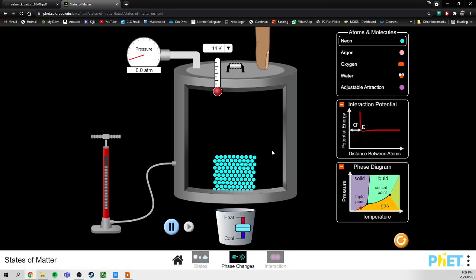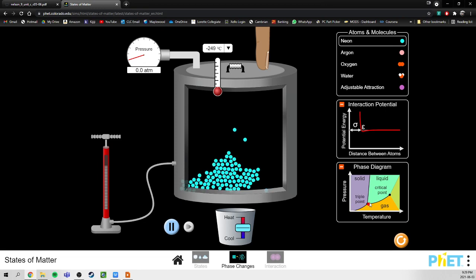So if this was neon, for example, neon is a solid, and this is really cold. If I put this as Celsius, you can see it's minus 259 degrees Celsius. And as I heat it up, it becomes a liquid, and there's a very small range where neon is a liquid.